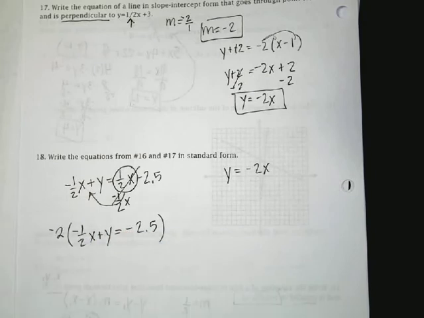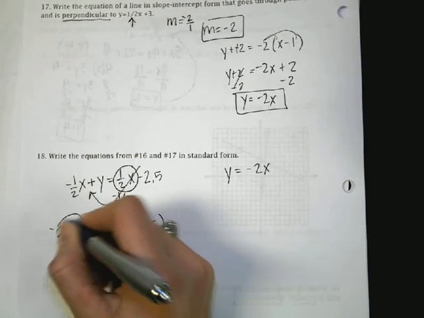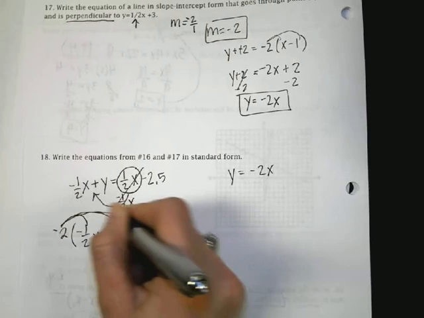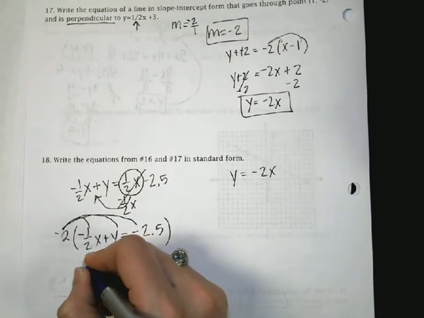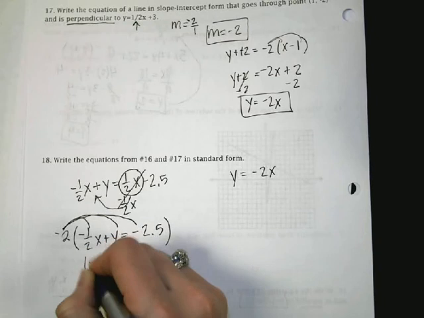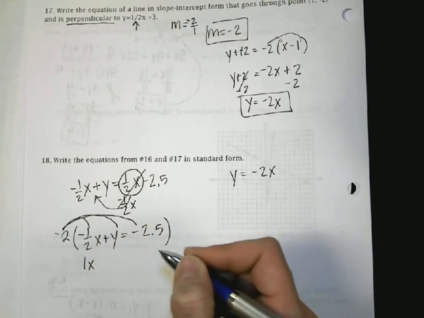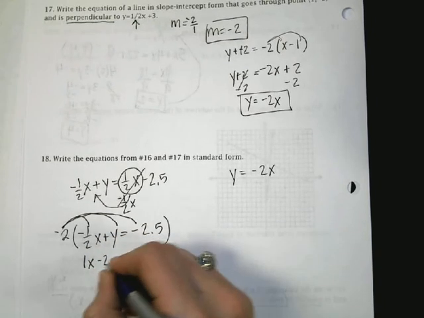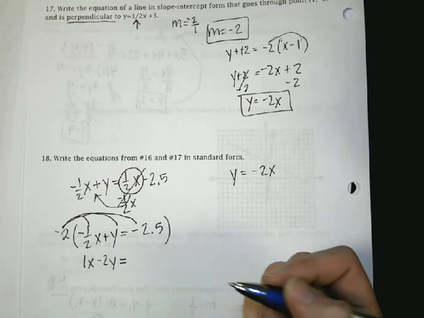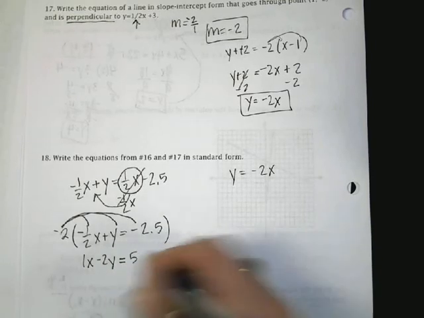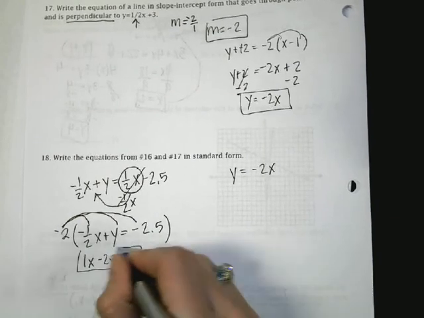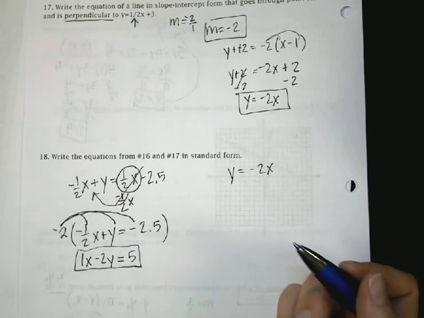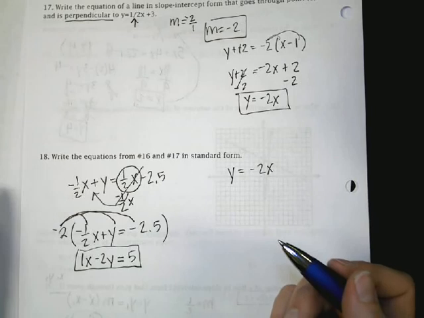So I'm going to multiply each piece by a negative 2. Negative 2 times a negative 1/2 is just positive 1x. Negative 2 times positive y is a negative 2y equals, and then a negative 2 times a negative 2.5 is positive 5. And I'm finished. The number in front of the x is whole and positive, so I've written it in standard form.